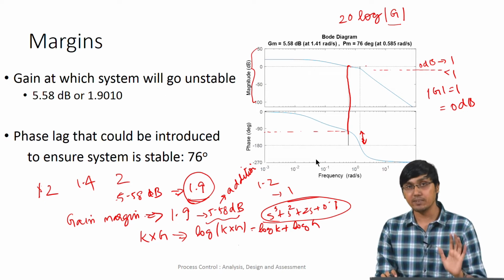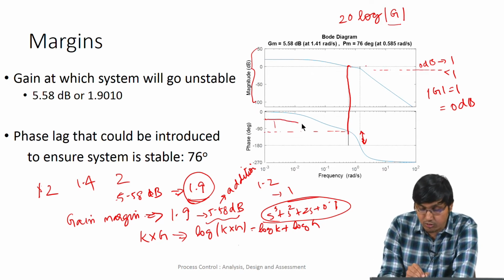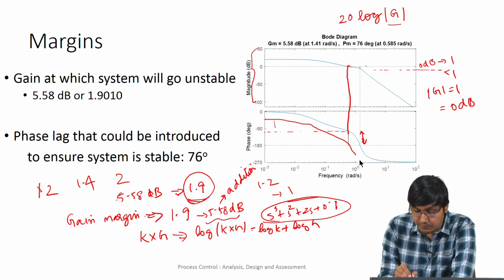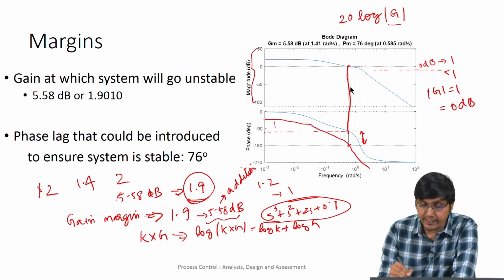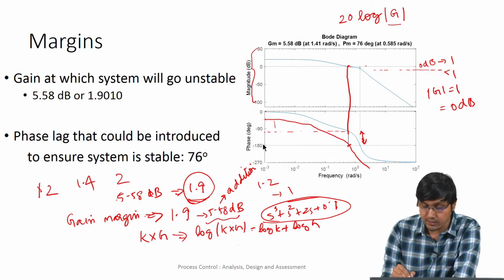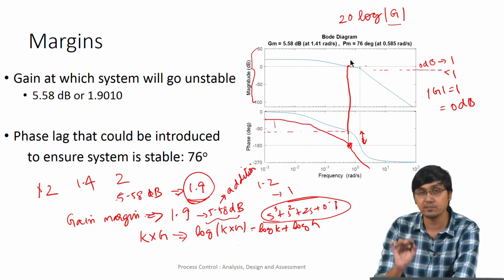So the system is stable, but what phase lag will make it go unstable? If I shift this down like this, then at this point it becomes oscillatory, because the critical frequency has changed, and the gain becomes equal to 1, so it starts oscillating.